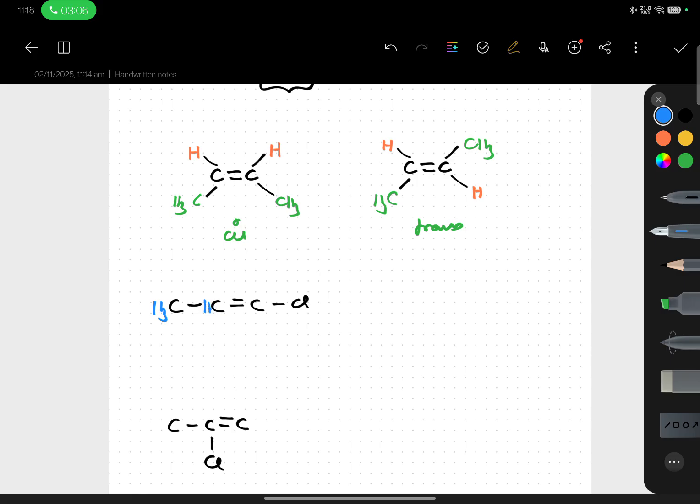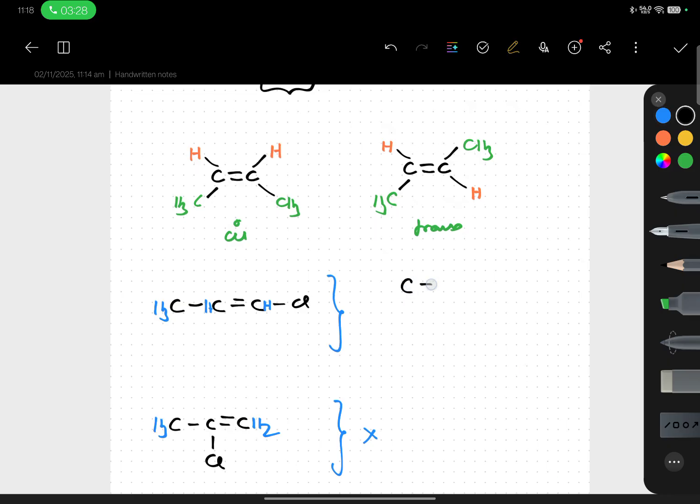CH3, CH, CH, Cl and CH3, CCl, CH2. So among these two, which one will form isomerism is the question. This will form, this will not form, because in the other carbon there are two hydrogens, so two different groups are not present, only geometrical isomerism will come.